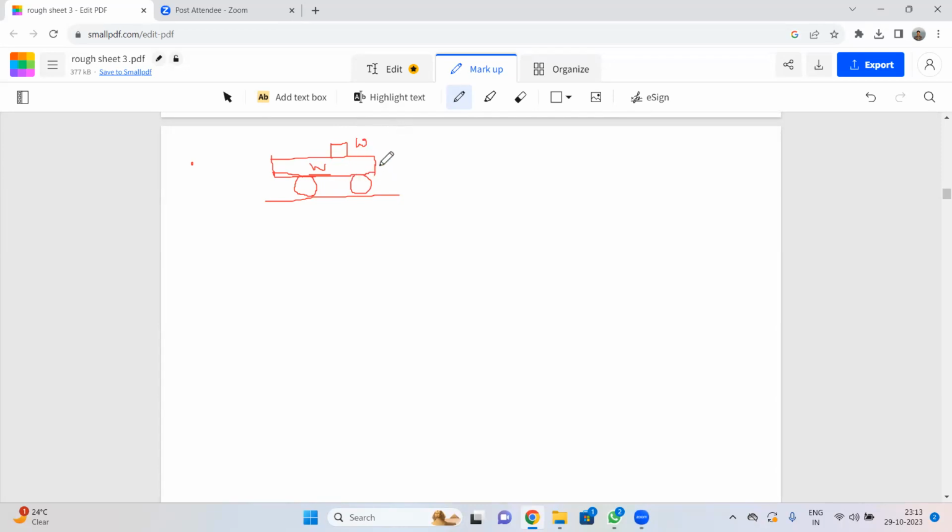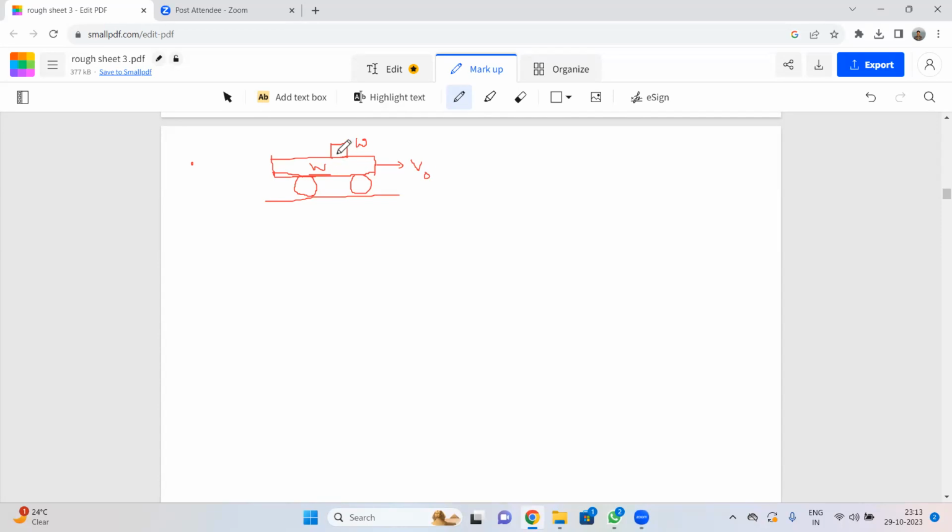Initially the man sits on the top of the car and the car is moving with a velocity v naught.